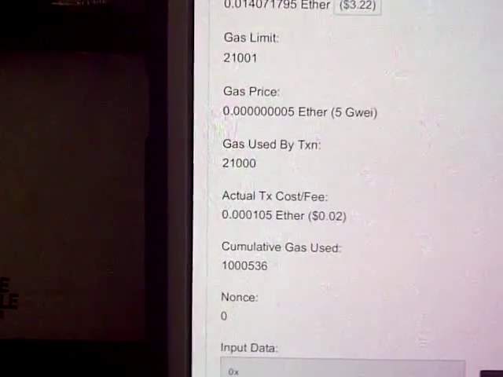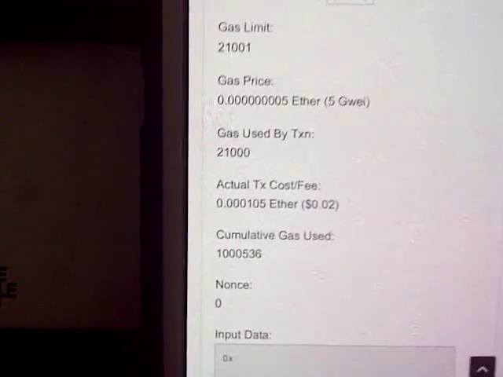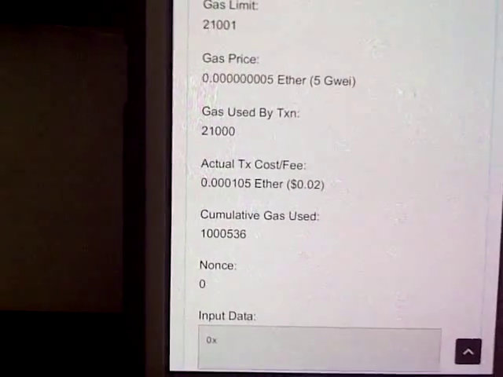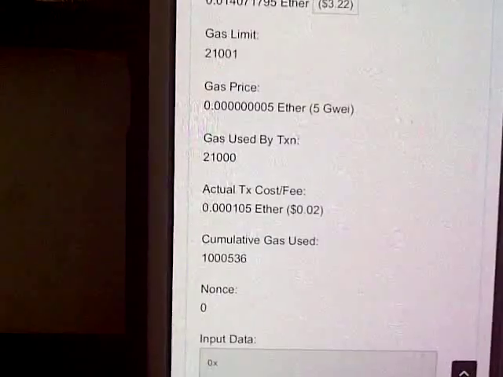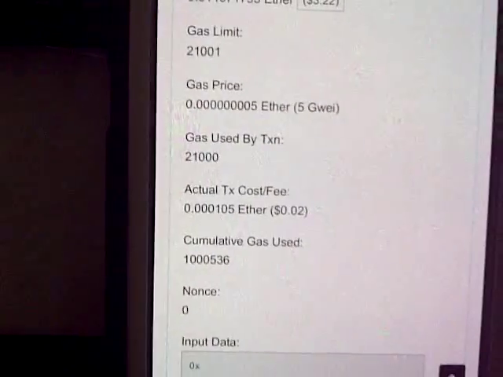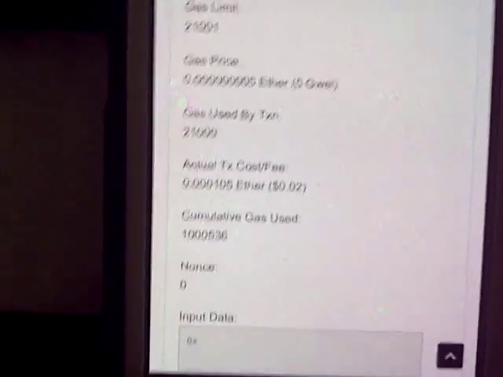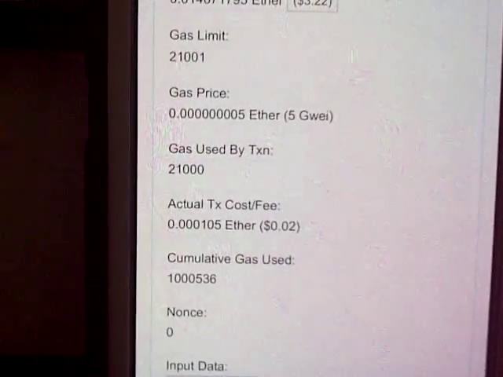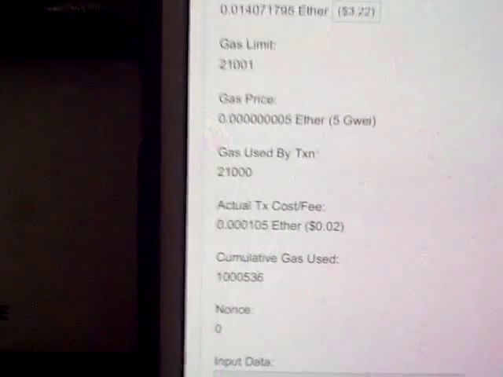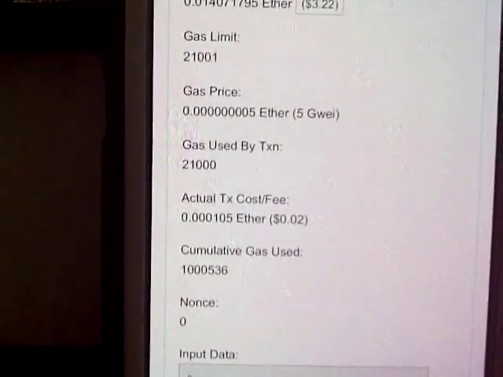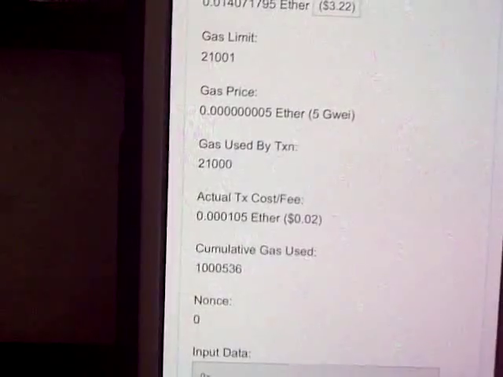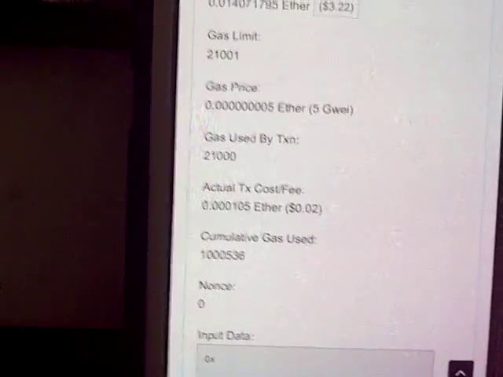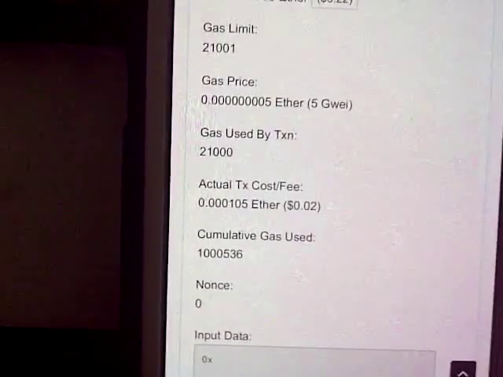So basically, the gas is what it cost to run the contract. So instead of a transaction fee, you're actually paying a computing fee, quote unquote computing fee. If you ask me, the more I'm learning about Ethereum, I'm realizing Ethereum is basically a huge tax for using the virtual Ethereum machine, the virtual computer.